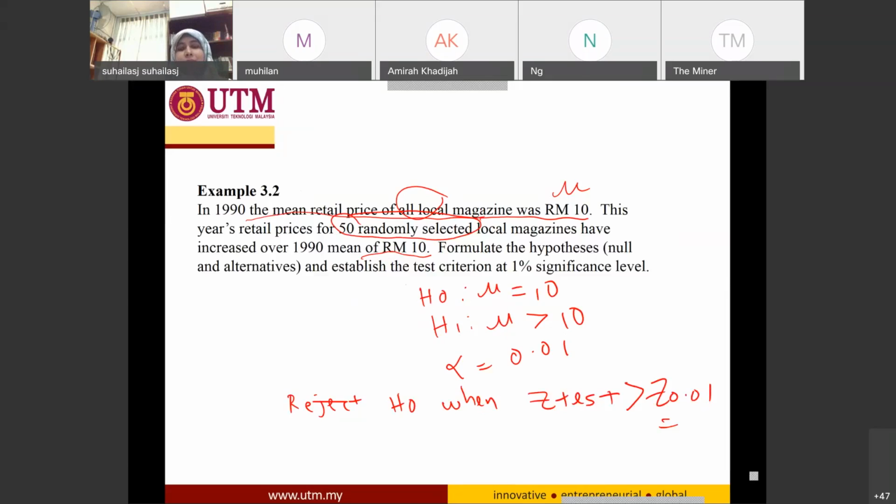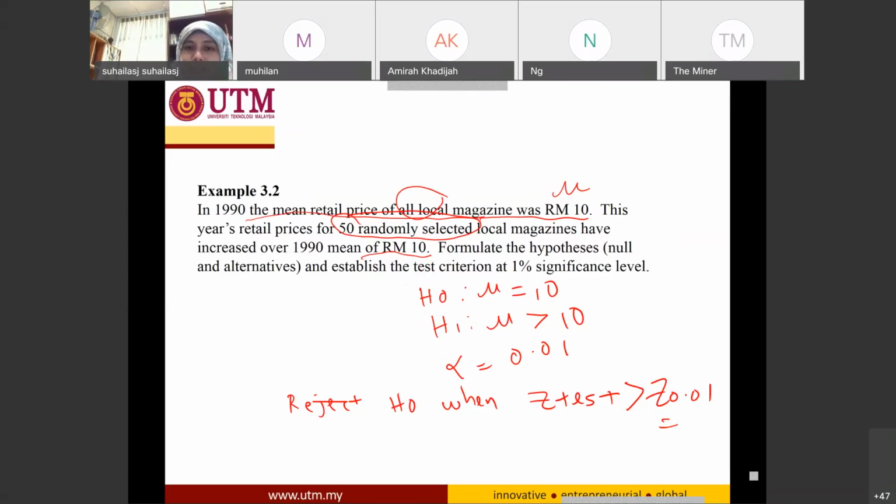Okay, kalau mean fix RM10, retail price for 50 random selected have increased. Maksudnya alternatif kamu mu greater than lah. Then formulate the hypothesis. Okay, and then you have your alpha is 1% significance level. So since your alternative is greater than, you will reject H0 when Z test greater than Z alpha. Okay, clear? Sebab dia ada perkataan increase.